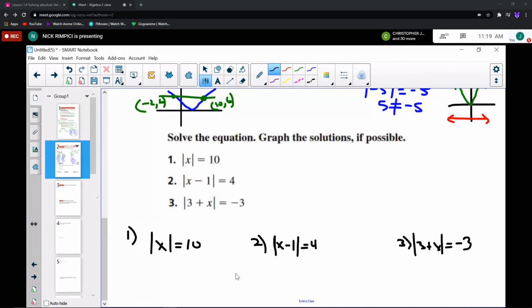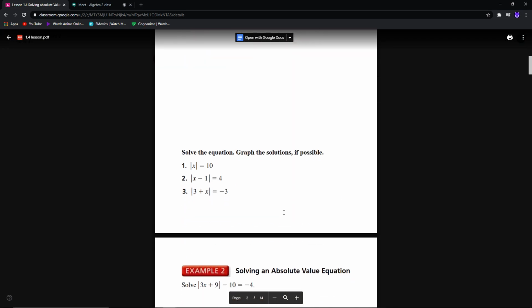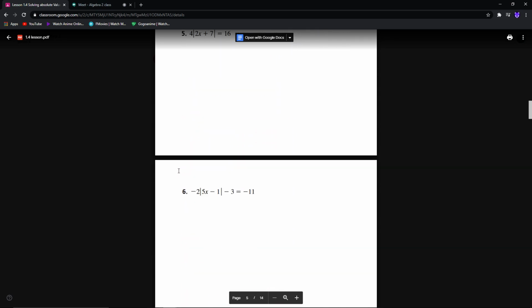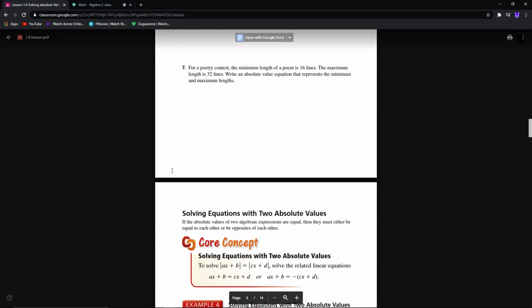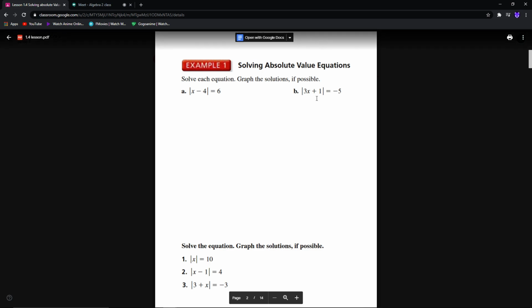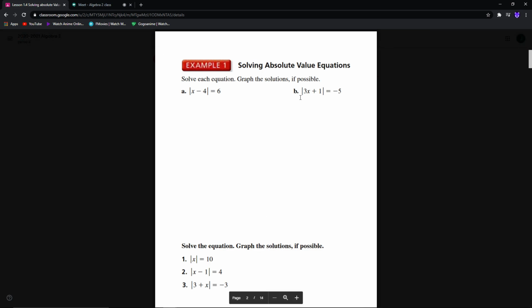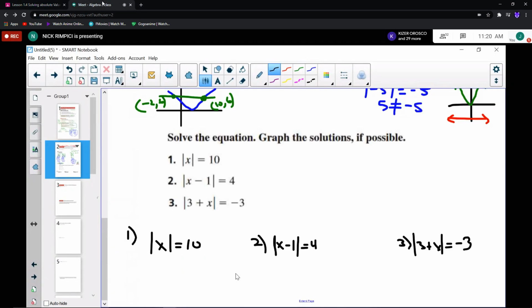Go ahead and solve those, then we'll go over them. And 3 is actually the easiest one up here.